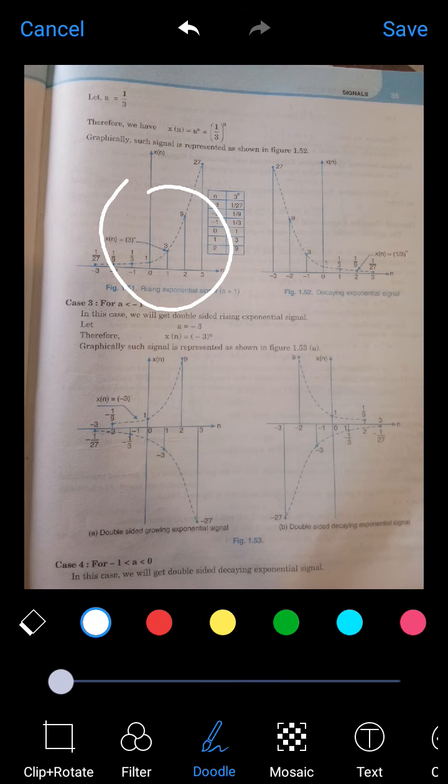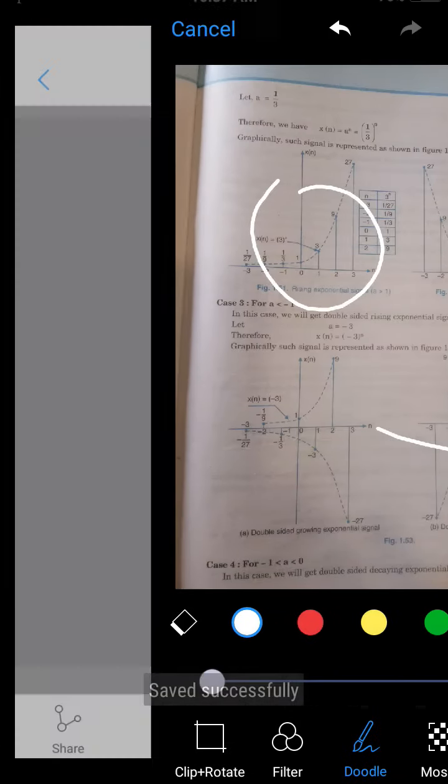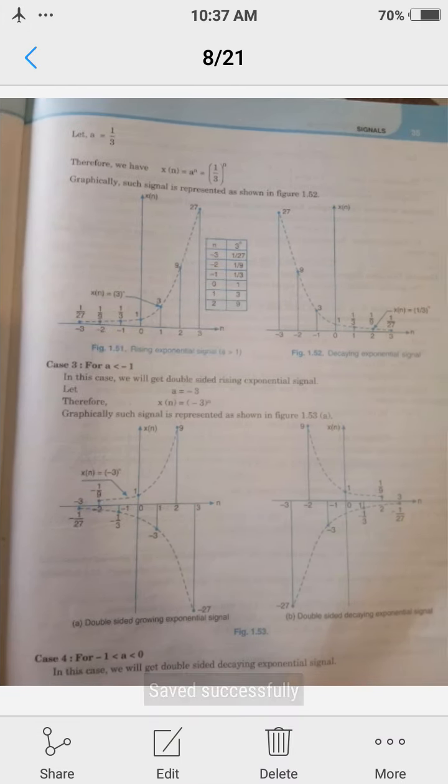This is the exponential signal for a greater than 1. Then the second condition is when a is less than 1.